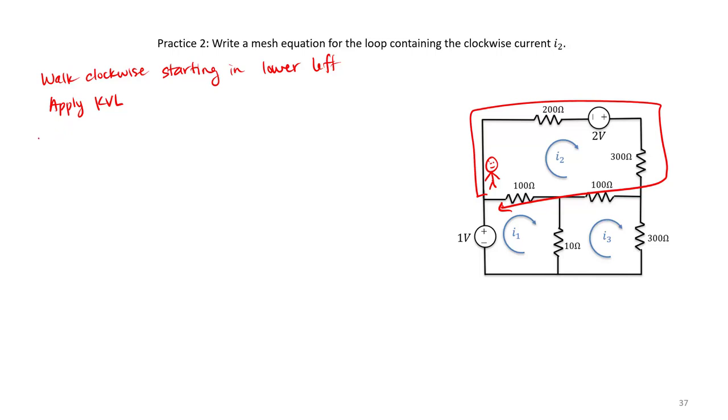I'm going to treat the voltages across my resistors as drops. So I will have minus V 200 ohms for the voltage across that 200 ohm resistor. Then I'm going to gain 2 volts because I am going from the negative to the positive end. Then I lose V 300, the voltage across that 300 ohm resistor. I'm going to call this 100 ohm resistor number 1, and then minus V 100 ohm, comma 2 for the second one.